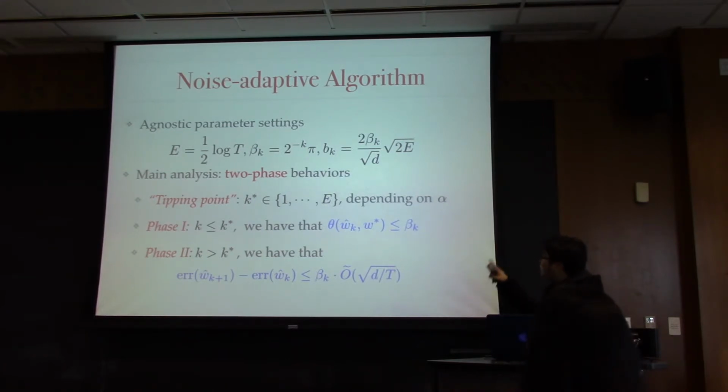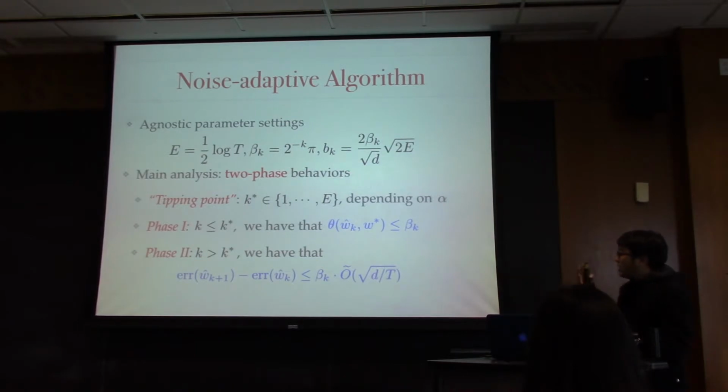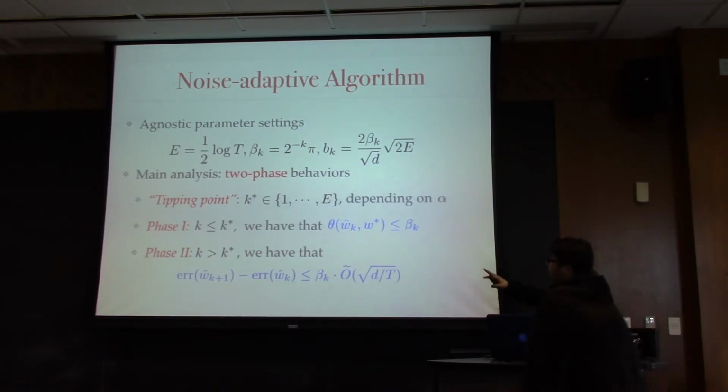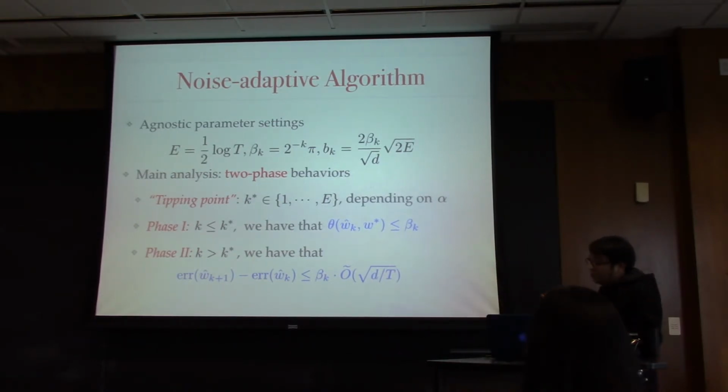And this tipping point will depend crucially on the noise parameter alpha. And we show that the algorithm basically behaves in a two-phase manner. In the first phase, which is before the tipping point, the algorithm just performs normally. We can ensure that the optimal classifier W star is within reach, and all the analysis would be the same.